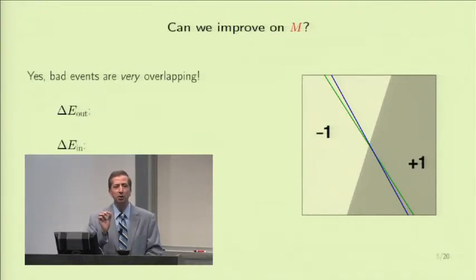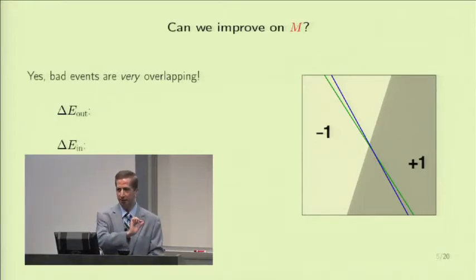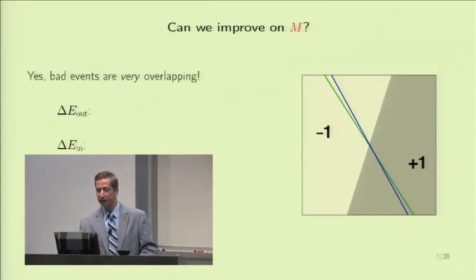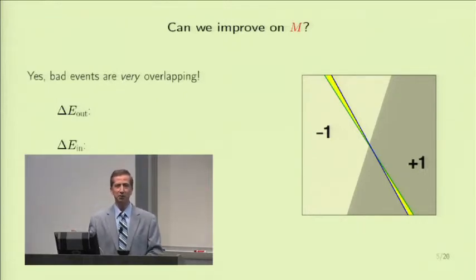But let's pin down the specific event that we would like to argue is overlapping. The change in E out when you go from the blue hypothesis to the green hypothesis would be the area of this yellow thing. Not very much, a very thin area.